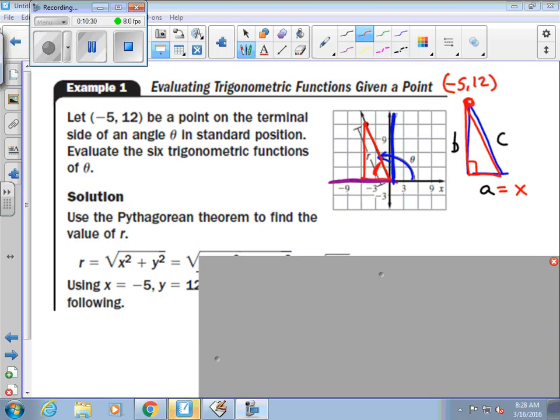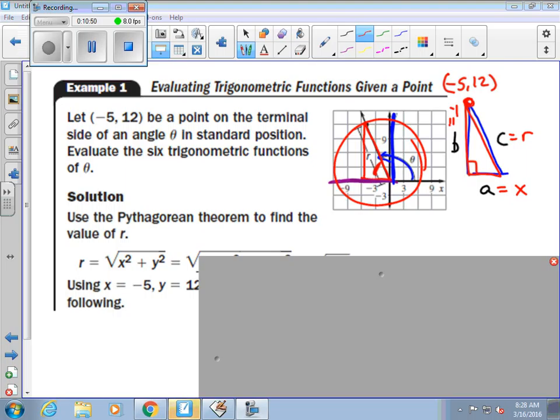B is the same as Y. B equals Y. So then C in that case is R, or your radius, because it's just talking about the radius of our unit circle. We know how to do circles.